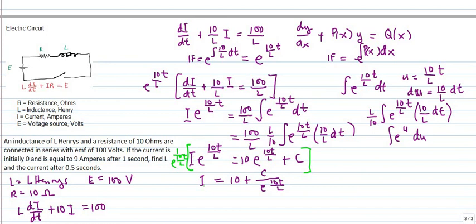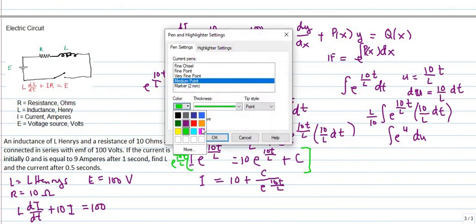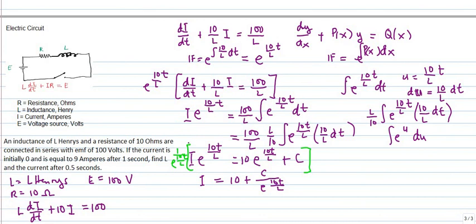What remains here is I, and then equals 10 times e, multiplied by this one, we cancel e, and then plus c times this one, so the result is c over e raised to 10t over L. Now the next part is, of course, we have now I equals 10 plus c over e raised to 10t over L.